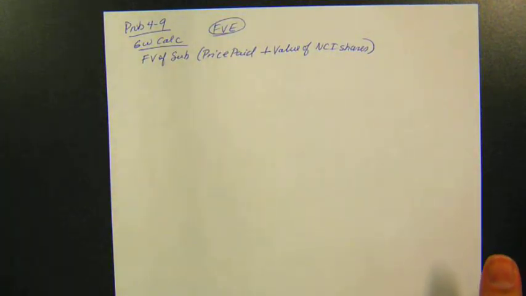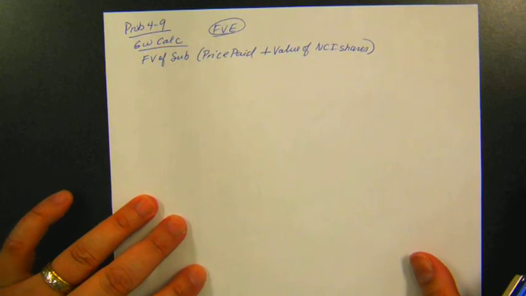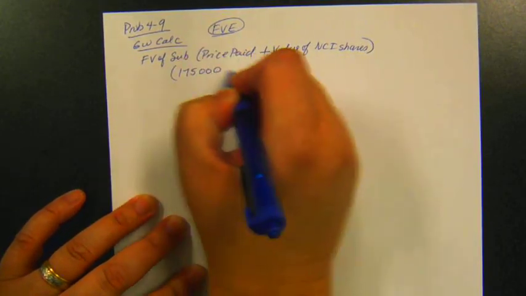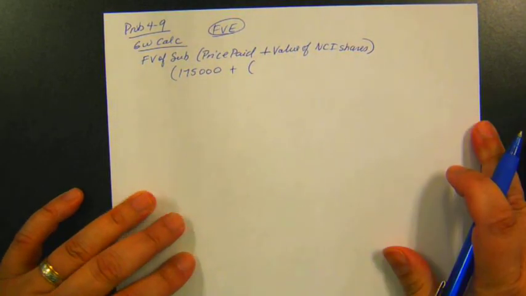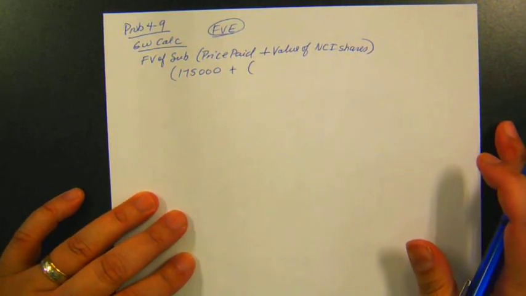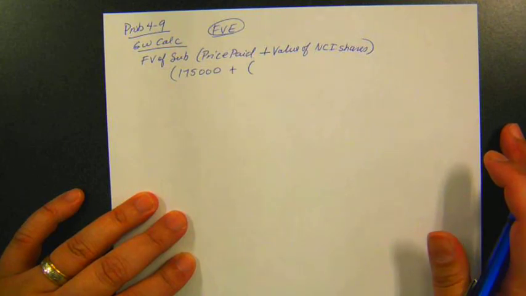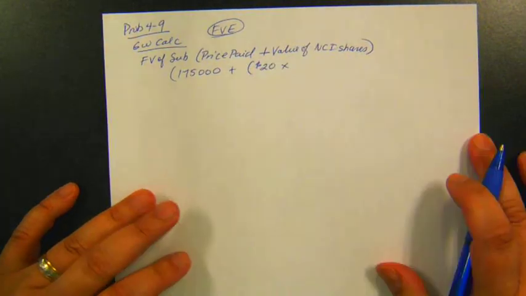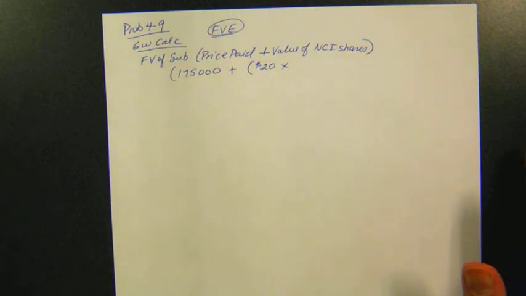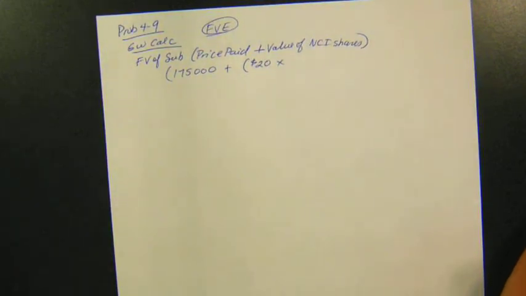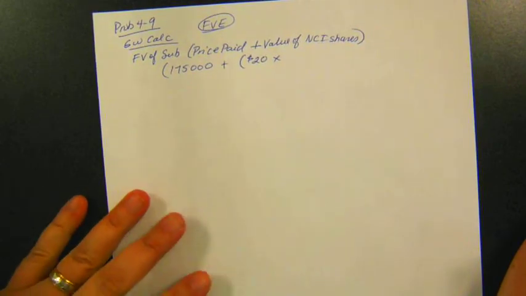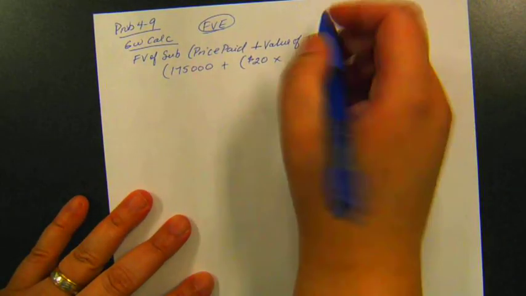So what price did we pay? $175 is what we paid. What were the NCI shares trading at? $20. Here's the question. How many shares? 3,000. In total, but how many is the NCI shares? 3,000. 3,000, perfect.